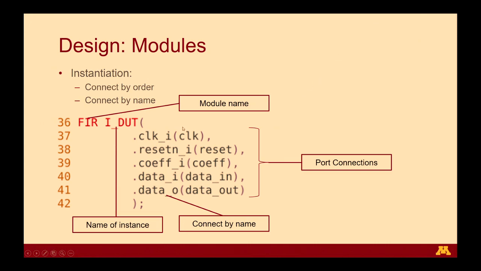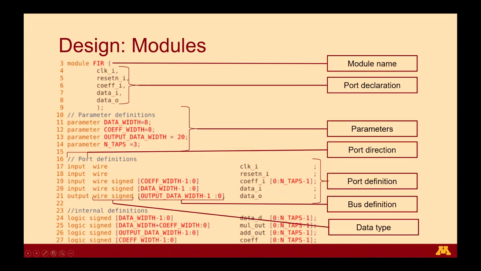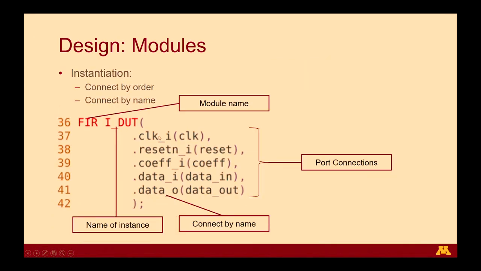So in this particular example, the names which are outside the brackets will match the names which you have defined in your port declaration over here. You can see that this list here matches all the list over here. And the names within the brackets are the names of the buses or wires at the top level module.